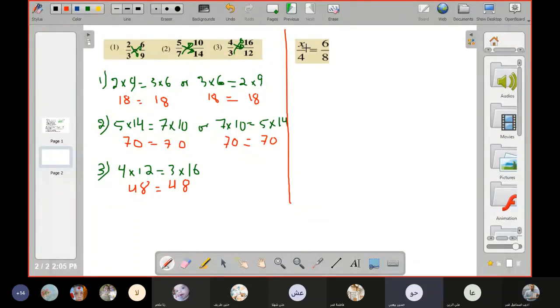We don't know what x is. Okay, the first step, what do we do? What is the first step we do?